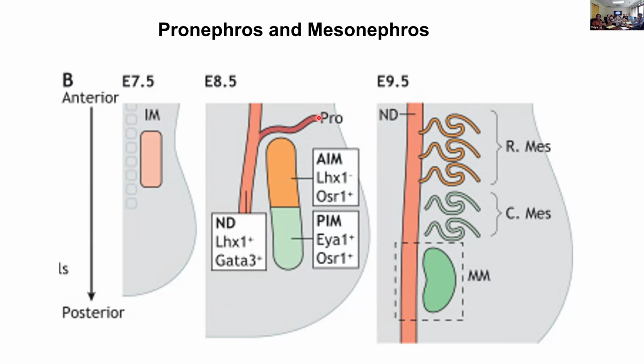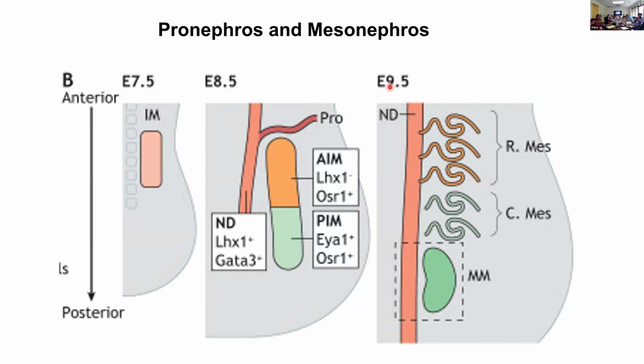It develops from rostral to caudal, and while the caudal ones form, the rostral ones already start to degrade. So at any time you probably only see 6 pronephros, but eventually they are all gone, they all degenerate.